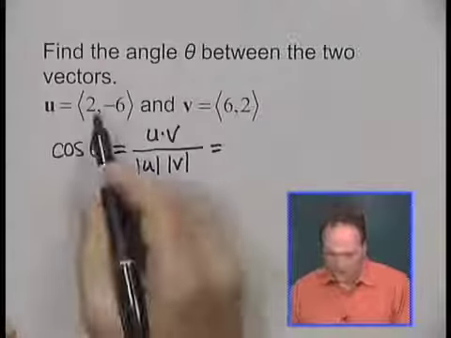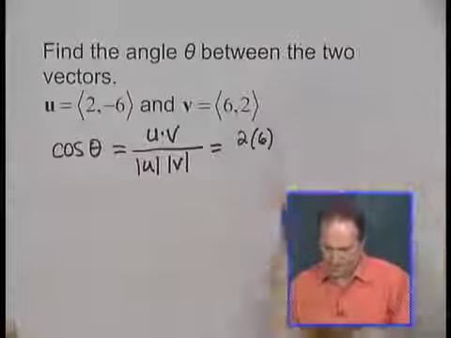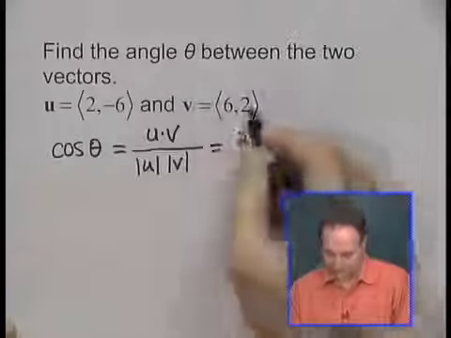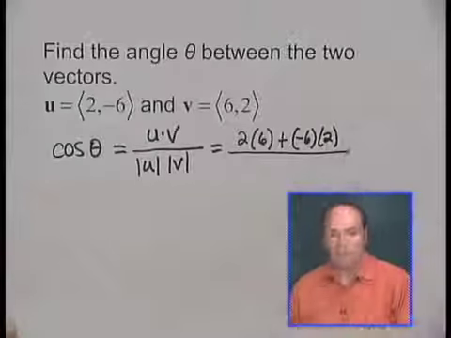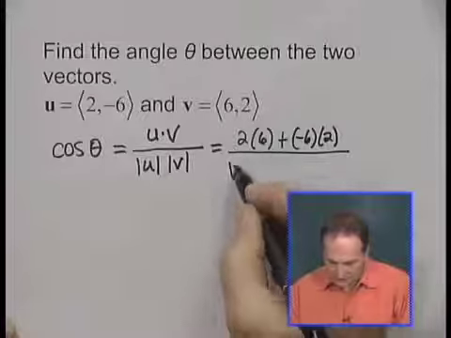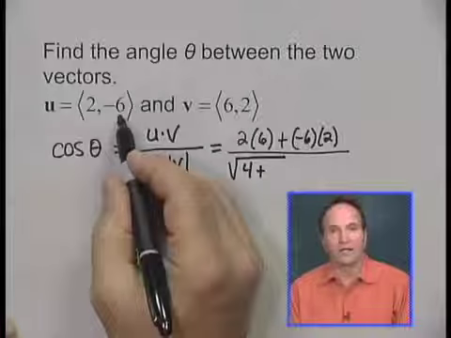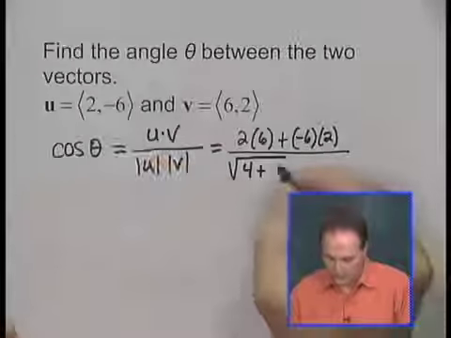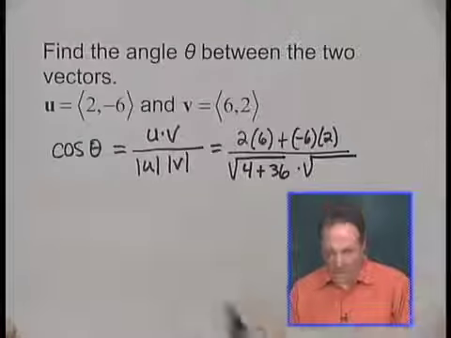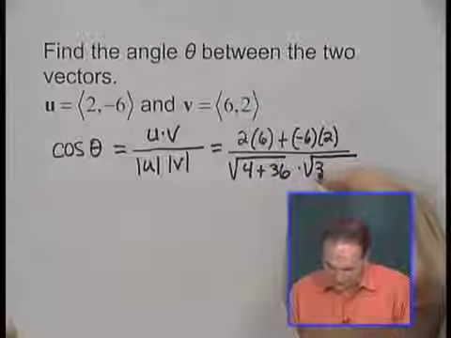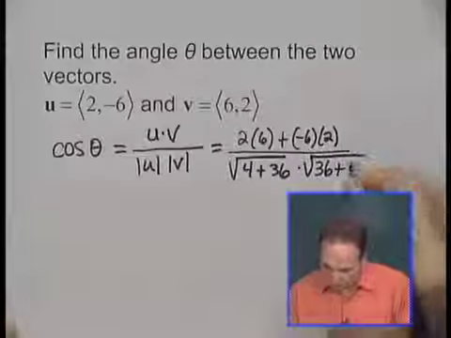So for the dot product, 2 times 6 plus negative 6 times 2 divided by, for the norm of u, it's the square root of 2 squared, which is 4, plus the negative 6 squared, which is 36, times the norm of vector v, 6 squared, which is 36, plus 2 squared, which is 4.